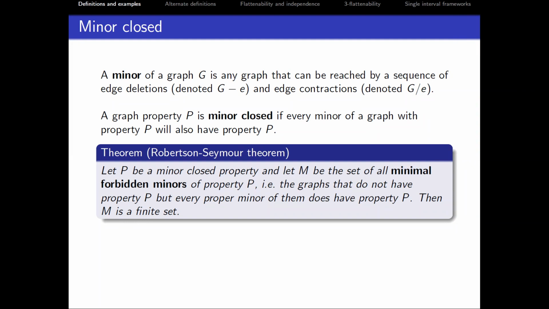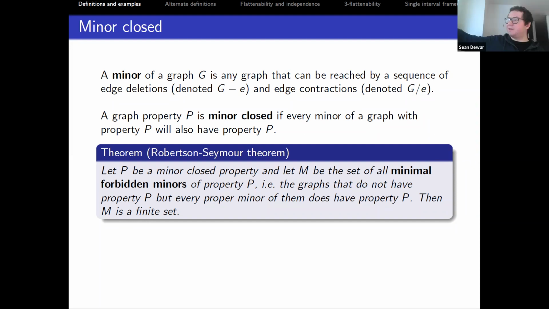Hey, Sean. The proof of this theorem, would it follow from the partial order? Yeah, I don't know the details on this, but you prove it has a kind of well ordering, and I can't remember the details. It's quite a complicated proof. I think it was about 500 pages or something.